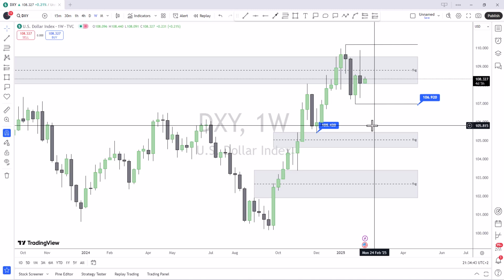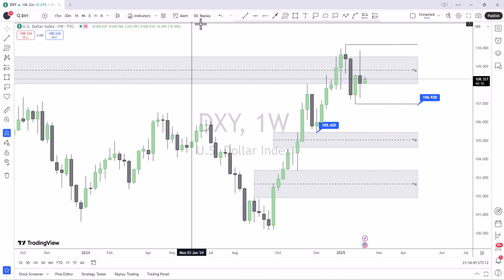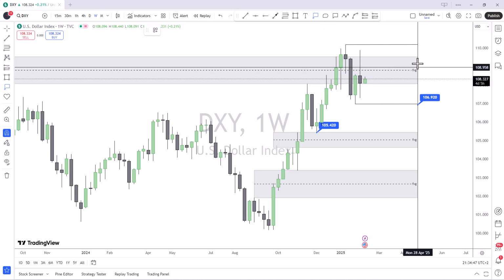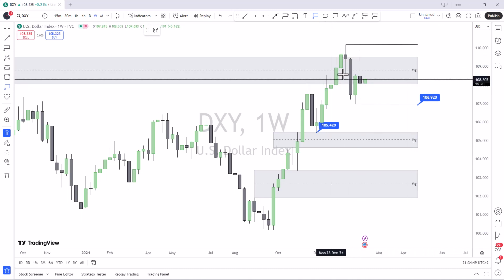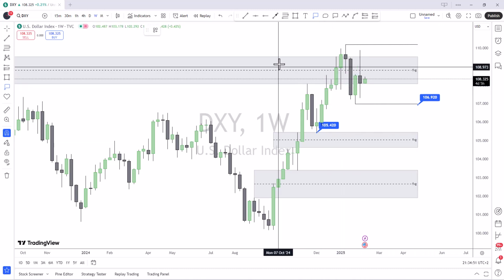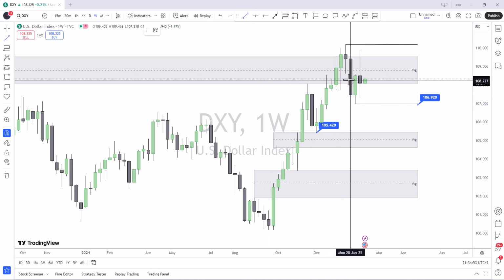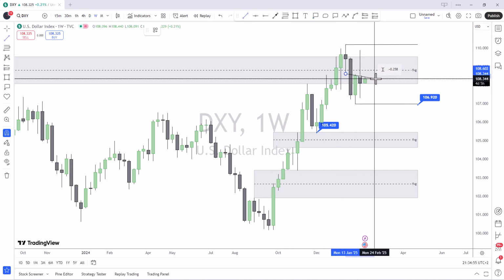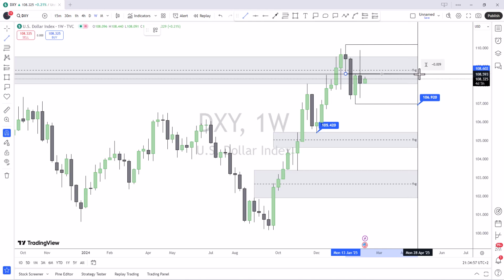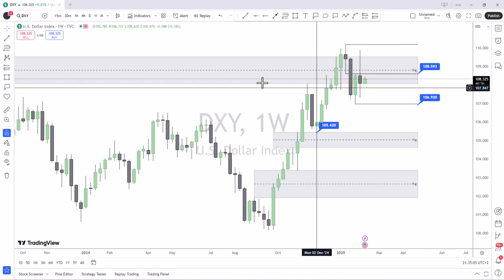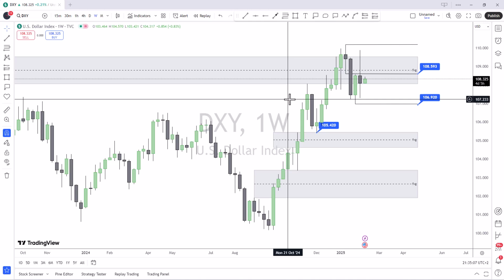But where would I have shorted from? Anywhere inside the gray shaded area, as long as I have a premium array to focus on. So for instance, we're talking of this old low here, that old low coming in at, I'm just gonna give a rough number here, guys, 108.59. So basically 108.60.